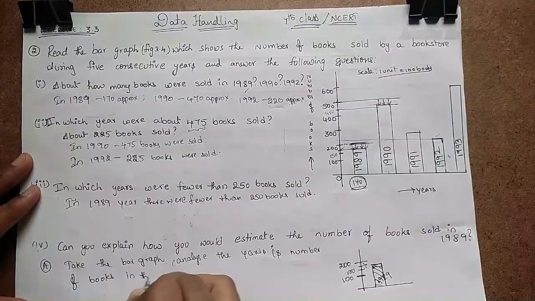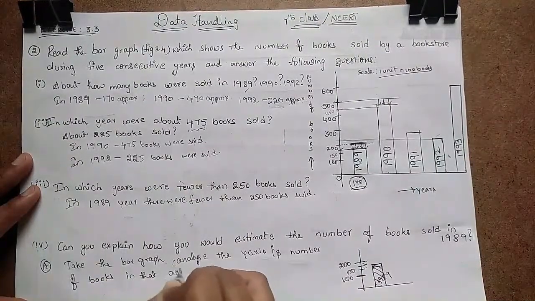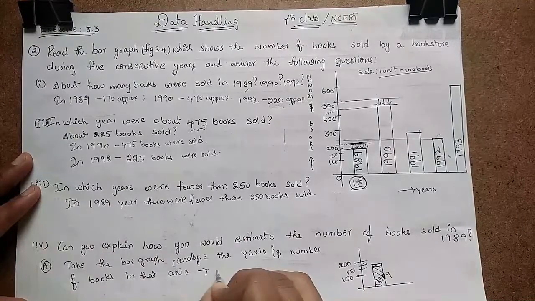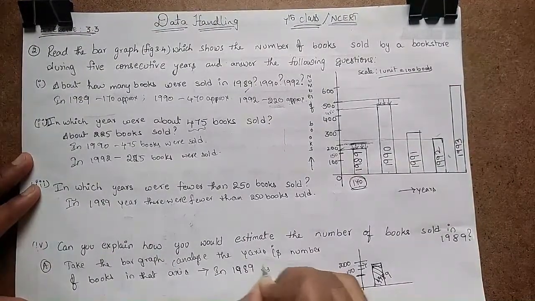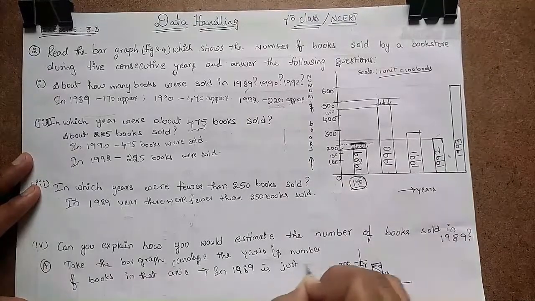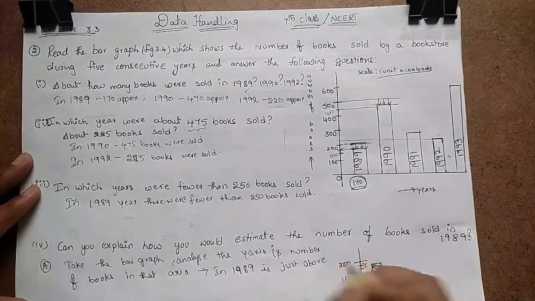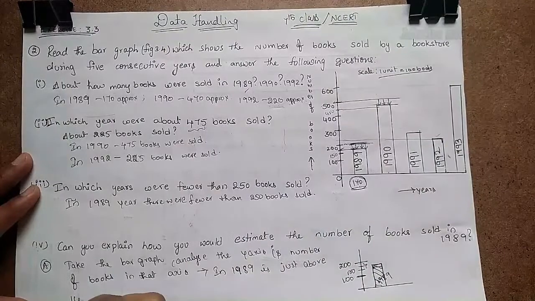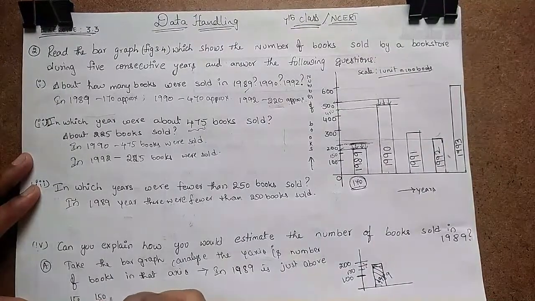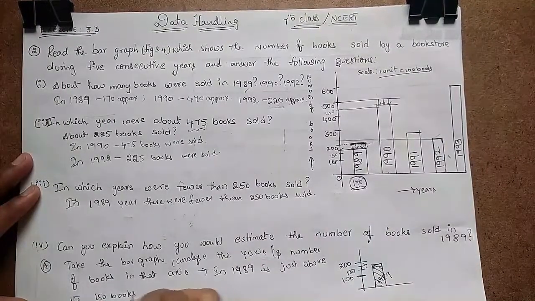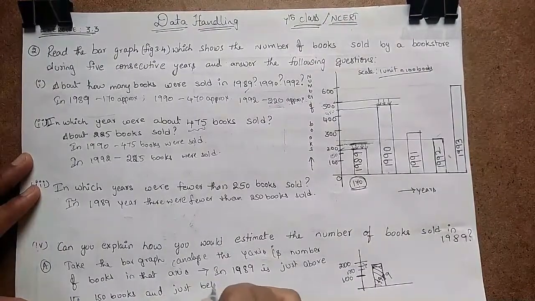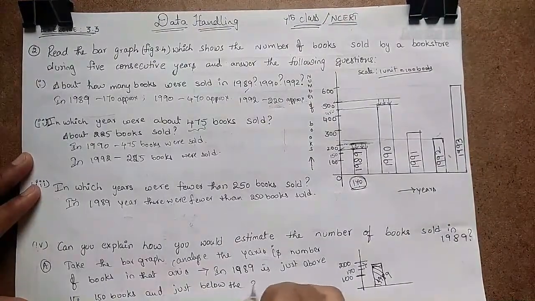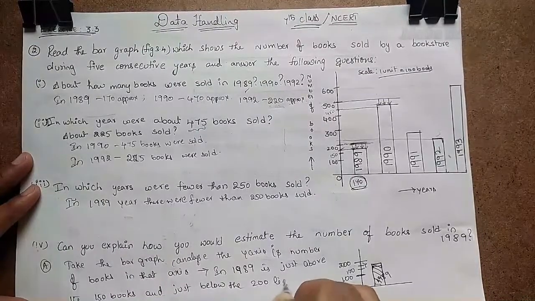The 1989 bar is just above the 150 books line and just below the 200 line.